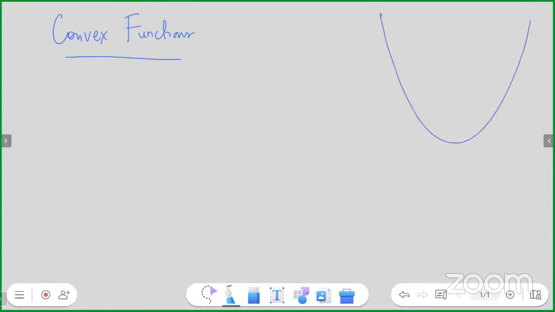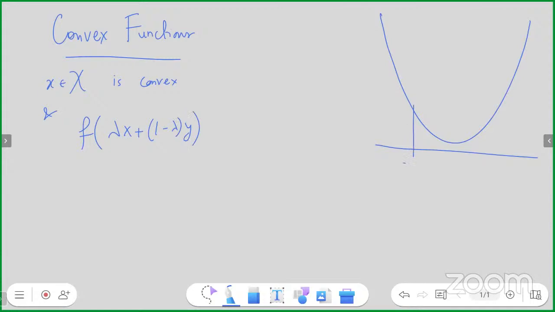All right, just to recap, what are we talking about? Convex functions. So as time progresses, this is the easiest way to remember a convex function. The specific definition is that x belongs to chi, that's the domain, which is convex, and f of lambda x plus (1 minus lambda) y, which is much easier to remember this way.